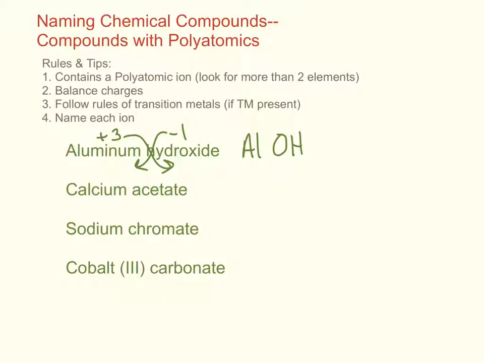So my aluminum is going to stay 1, and this 3 is going to apply to my hydroxide. But my hydroxide is this entire OH group. So I have to put my OH group in parentheses and put the 3 down here so that I make sure that this 3 applies to my entire hydroxide group. Okay, so if you have more than one polyatomic, you have to put your polyatomic in parentheses and put your subscript to the outside.